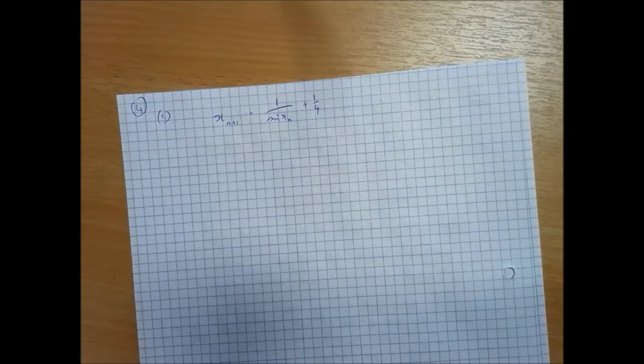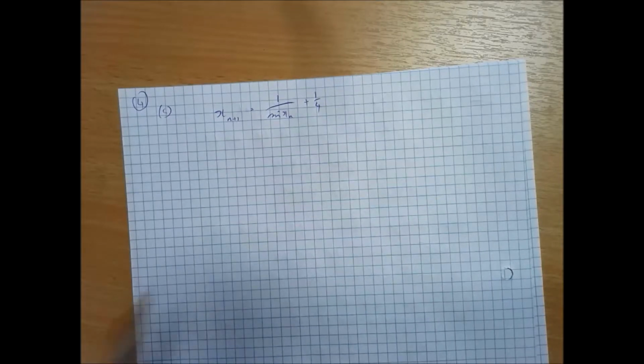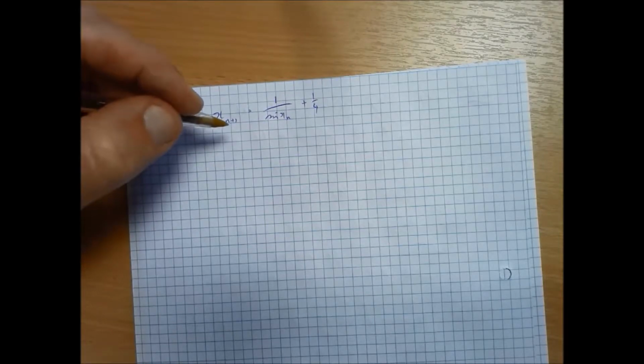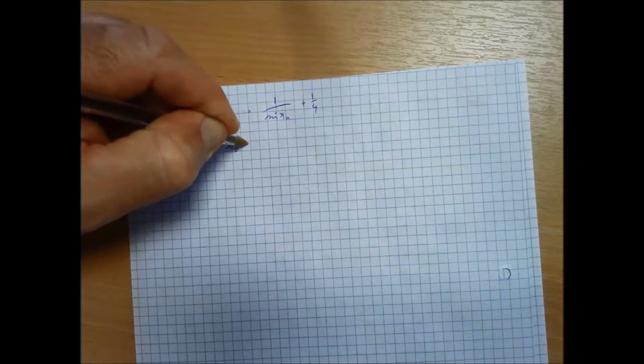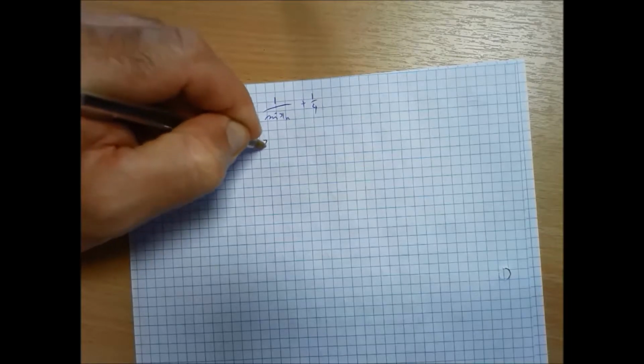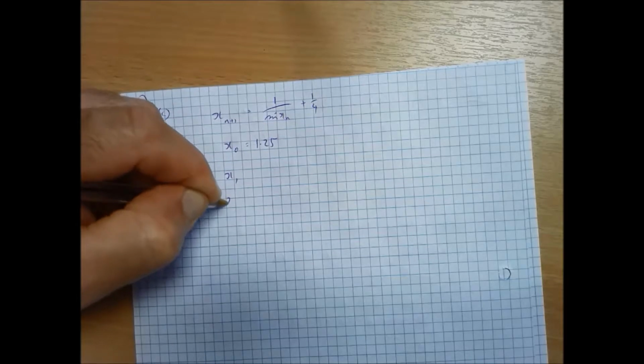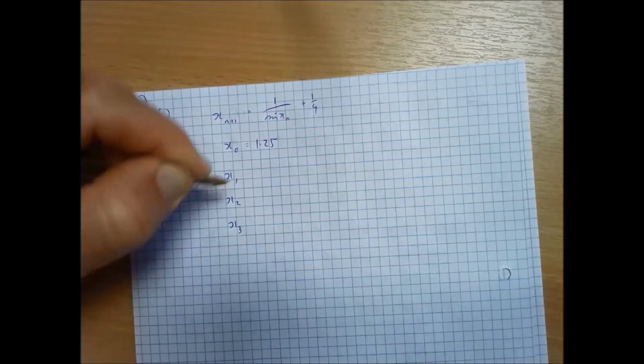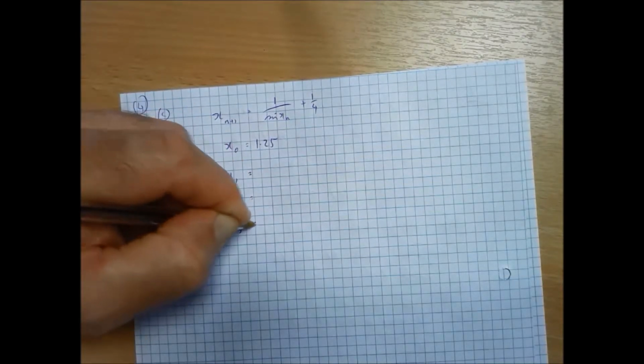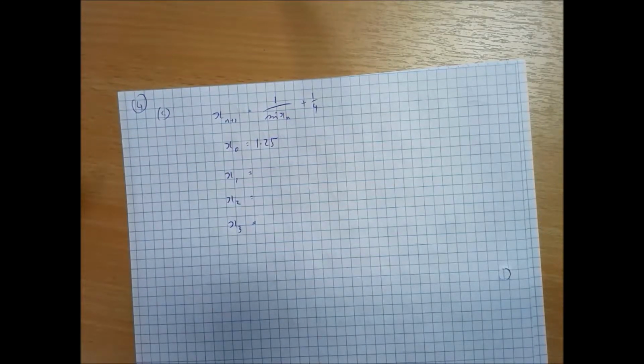Okay, question 4c now. We're using the rewritten form we got in part B as an iterative formula to get a more accurate solution. So we're starting off here, and we've been given x0 equals 1.25, and we need to find x1, x2 and x3, and the question wants them to 4 decimal places.